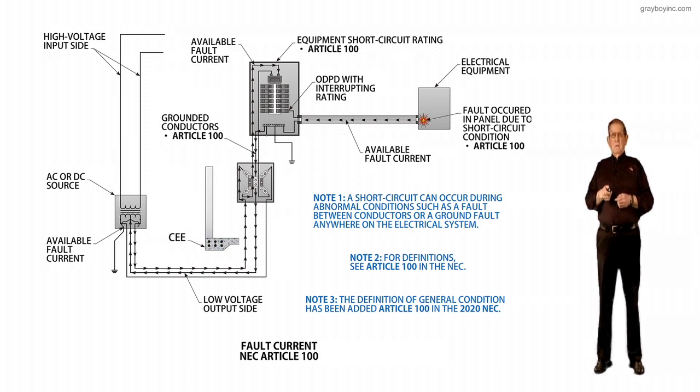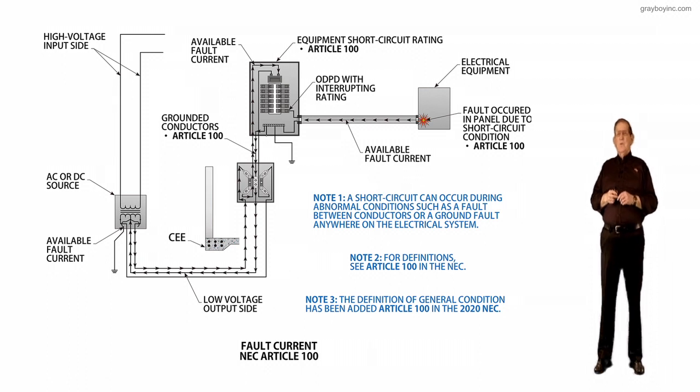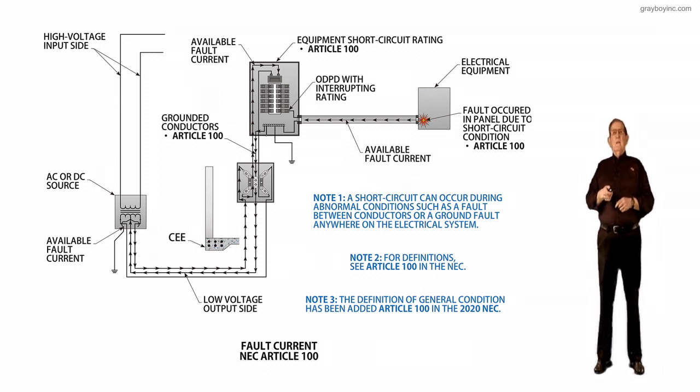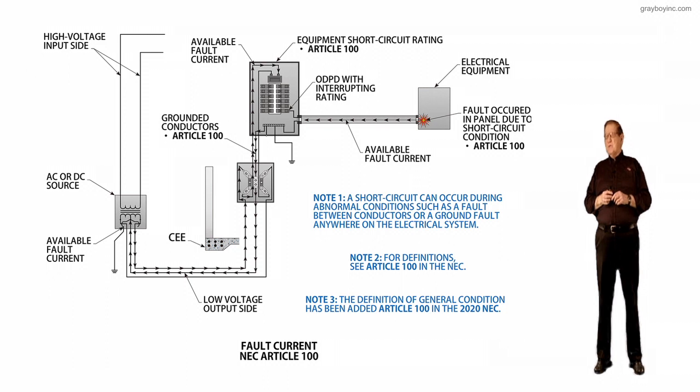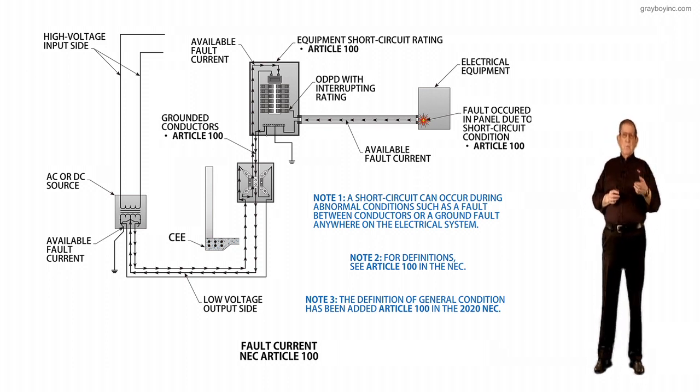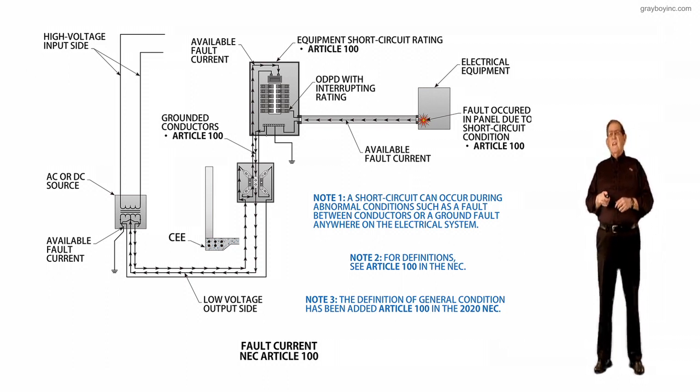But now, looking at the transformer to the left, the available fault current at the transformer, for example, if you had a transformer that would have an output of 1,000 usable amps over to the service equipment, and say you had a 2% impedance. Divide 2% into 1,000, you'd have 50,000 amps available at those terminals of the transformer.